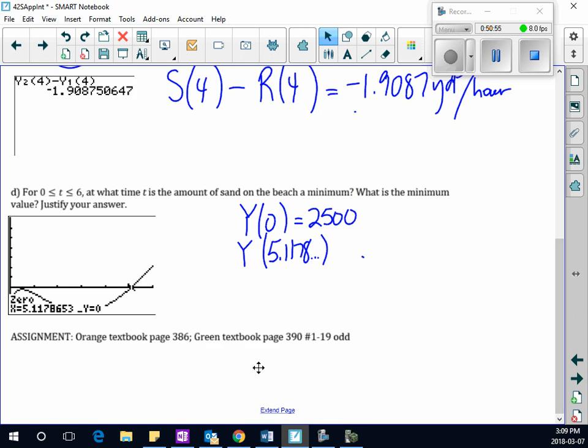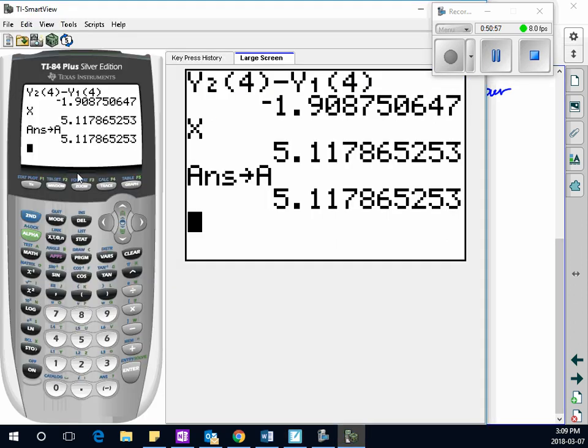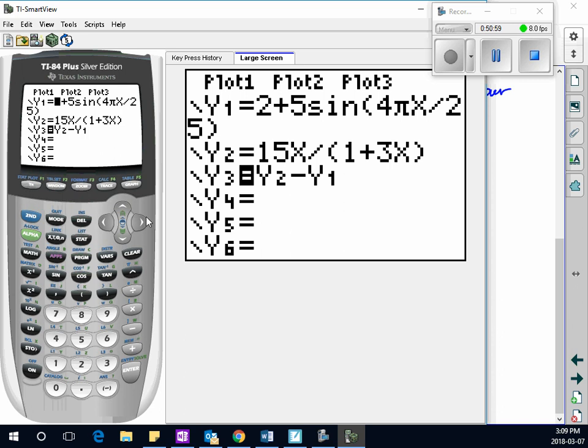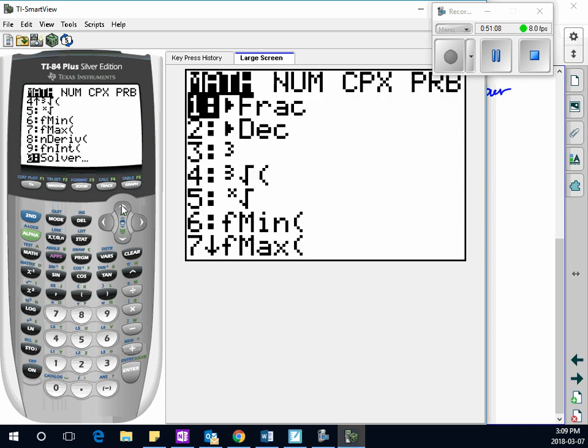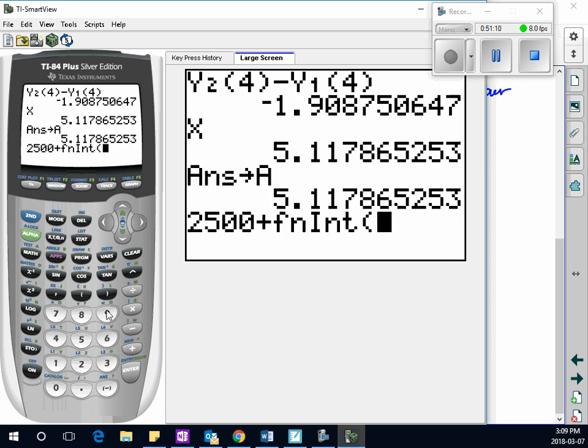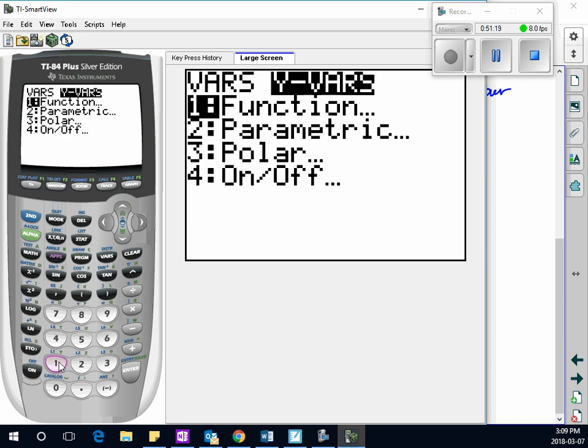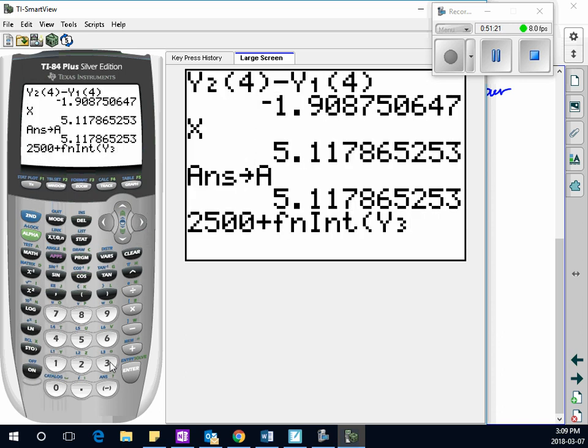Okay, so how are you going to do this? Go to my calculator. I'm going to go 2,500 plus the integral, which would be math 9 of y3. So that's vars, function, y3, comma x, oops, I forgot the x.